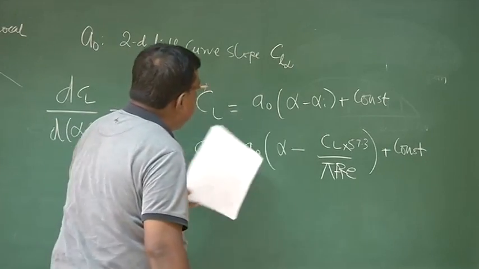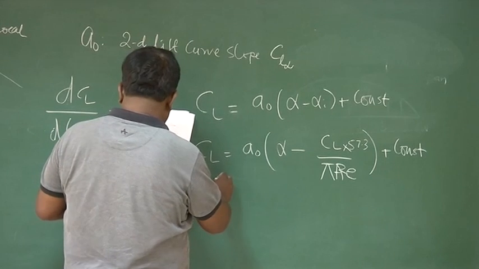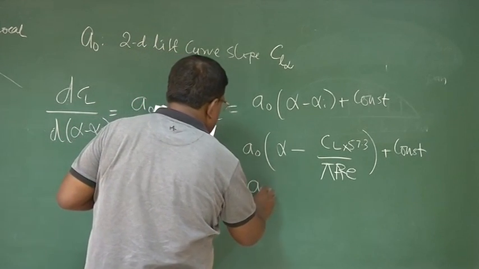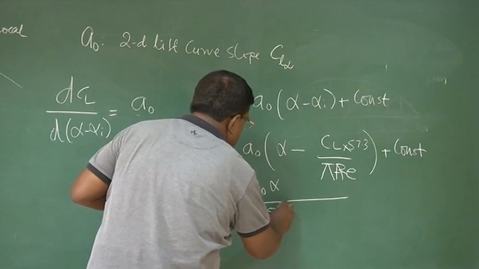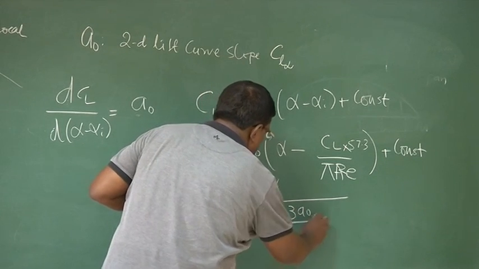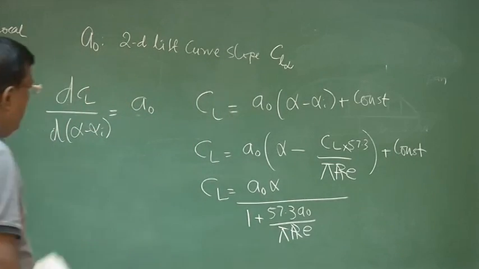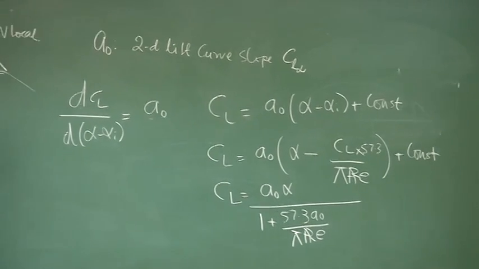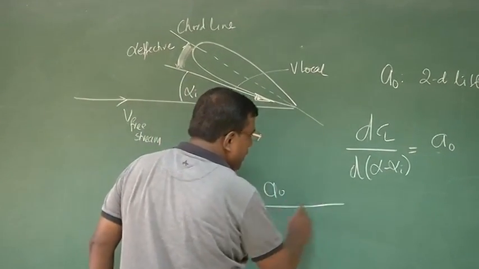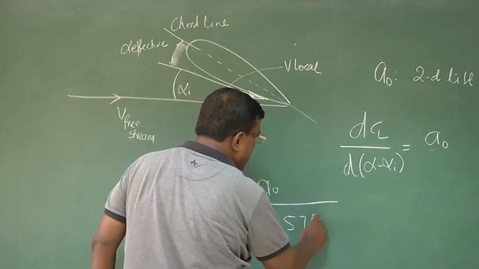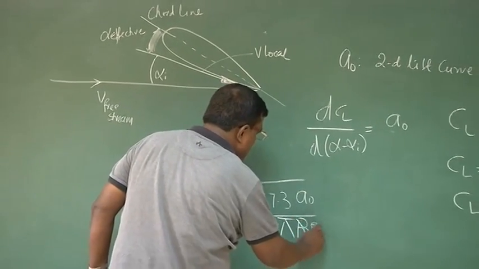If I now do some algebraic adjustment, I can find that CL equals A0 alpha by 1 plus 57.3 A naught by pi aspect ratio E. Or I can write dCL by d alpha equal to A0 divided by 1 plus 57.3 A naught by pi aspect ratio E.